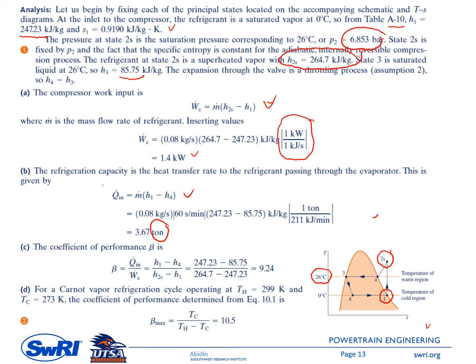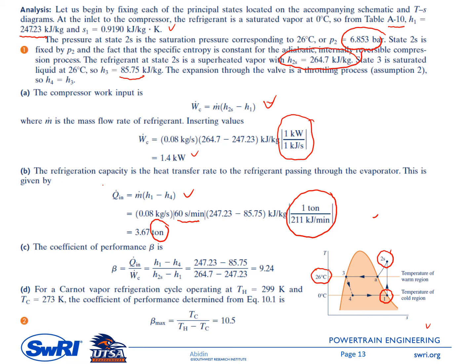You need to convert from per second to per minute, so you multiply by 60, and then use the conversion from kilojoule per minute to ton: 1 ton equals 211 kilojoule per minute.